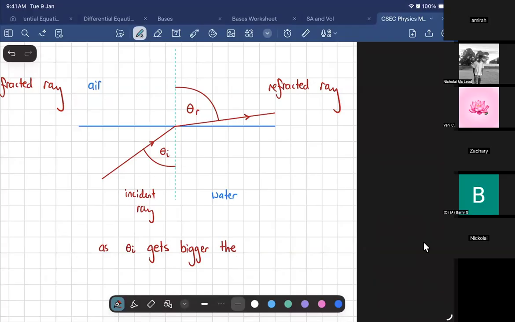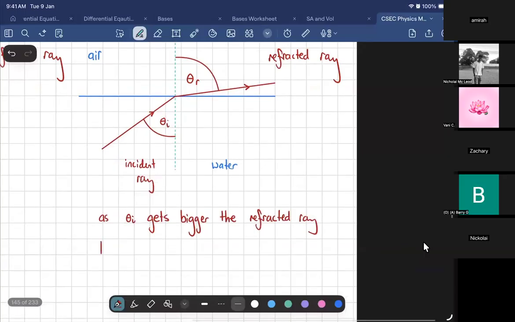Crazy, right? As theta I gets bigger, theta R, the refracted ray, bends... what's a good way to say this? So as theta I gets bigger, the refracted ray bends a little bit more inwards.